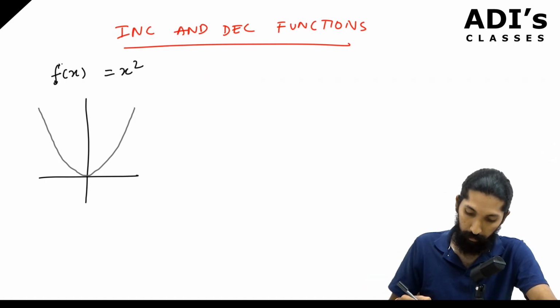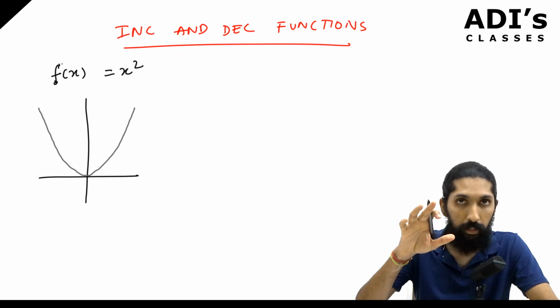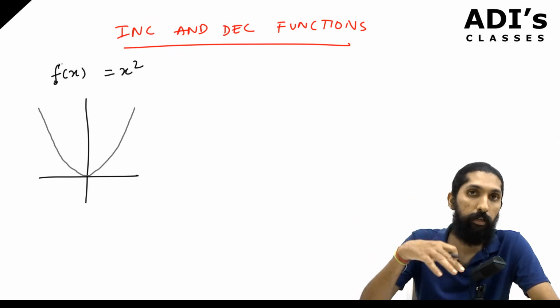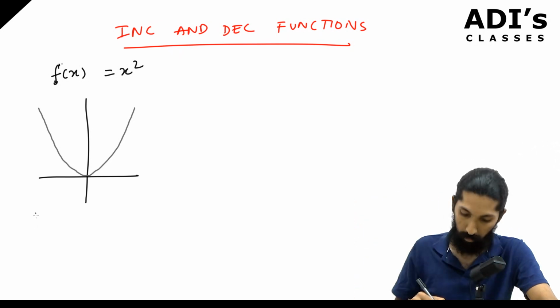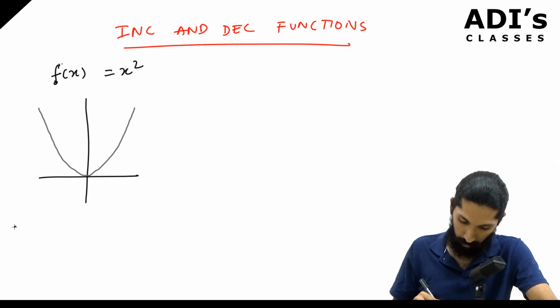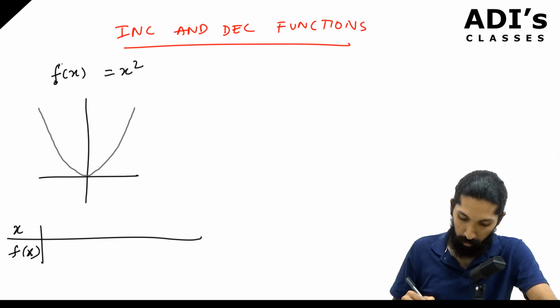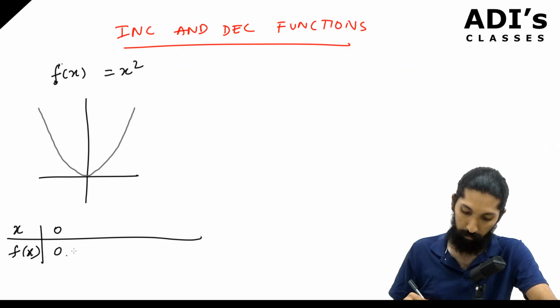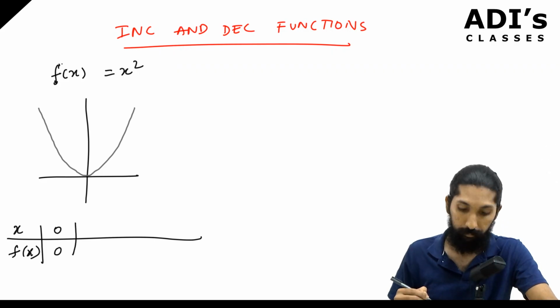This is x square. Now, for every value of x, we'll calculate the value of f of x. First you have the x value, and now you have the f of x value. Suppose if x is 0, then y is 0. That's very simple.